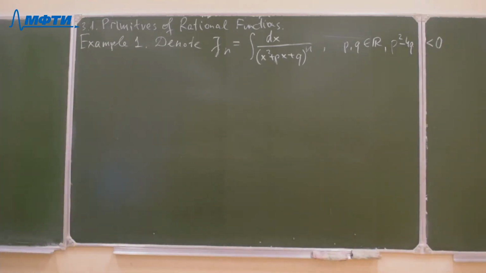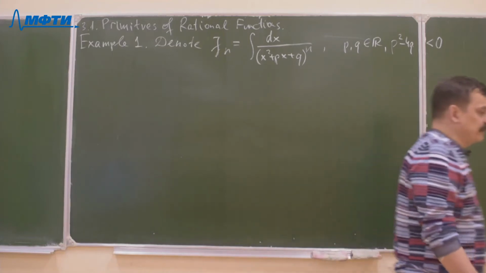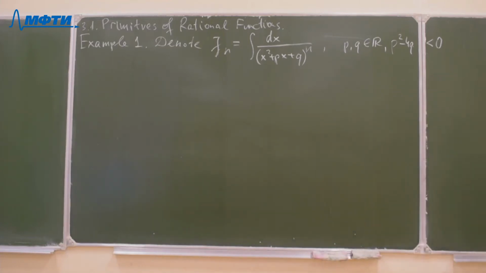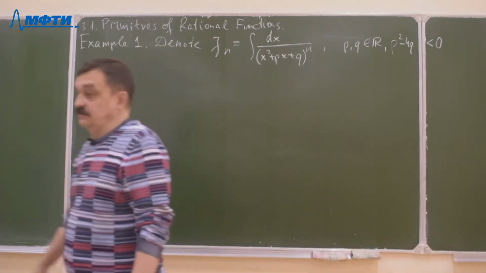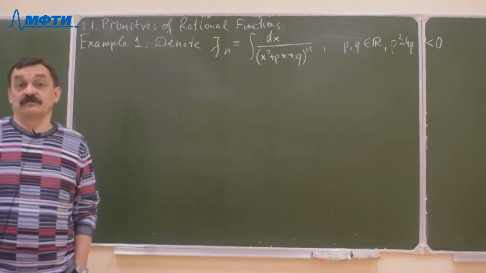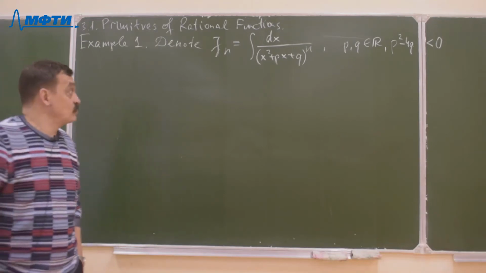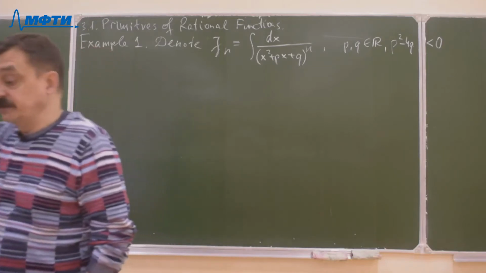So it means the quadratic polynomial in brackets is irreducible over the field of real numbers. So no real roots of the polynomial in the denominator.